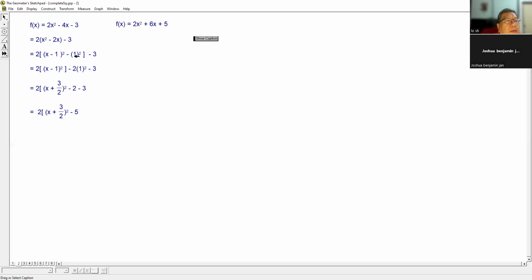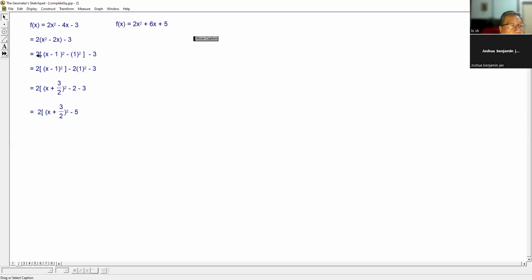Okay. Whatever I do here is within the bracket. So that means the 2 here belongs to the first bracket. The 2 here also belongs to the term behind here. So when I multiply the 2, it will stop in front of the bracket here. They cannot go inside the square bracket.